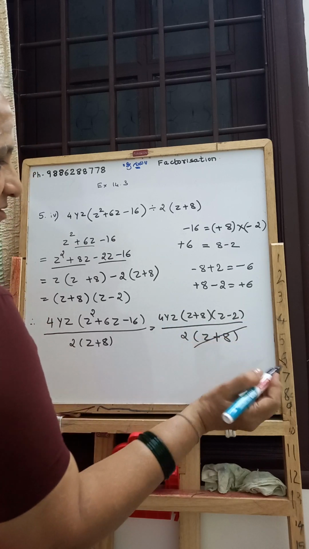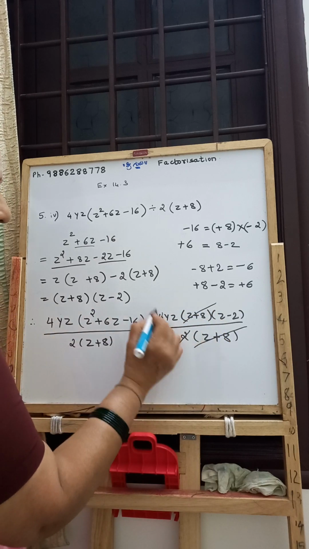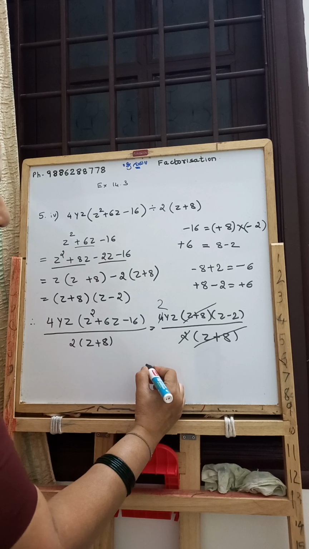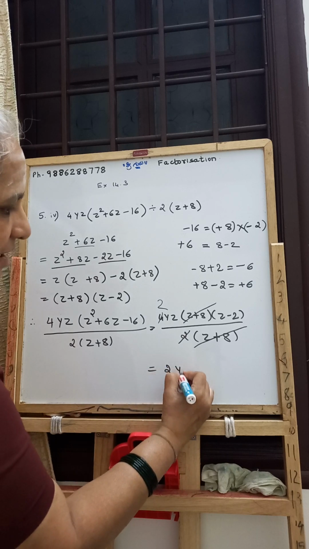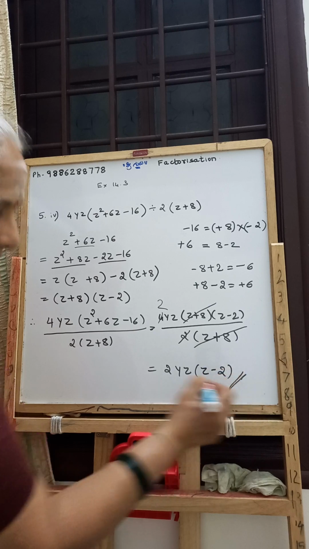So this whole expression cancels with this whole expression. 2 ones are 2, 2 twos are 4. We are left with 2yz into bracket z minus 2, which is the required answer.